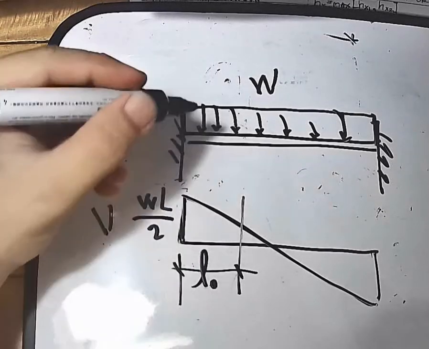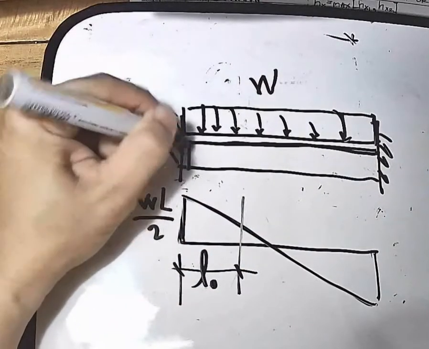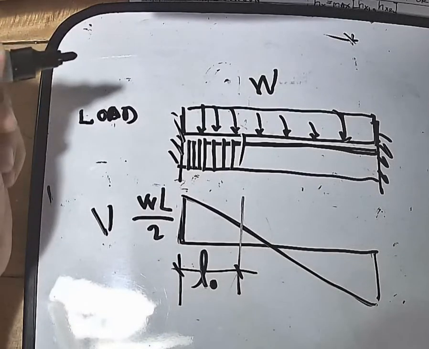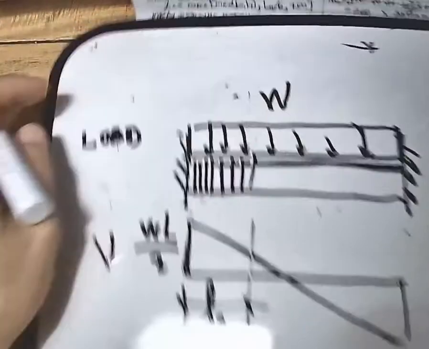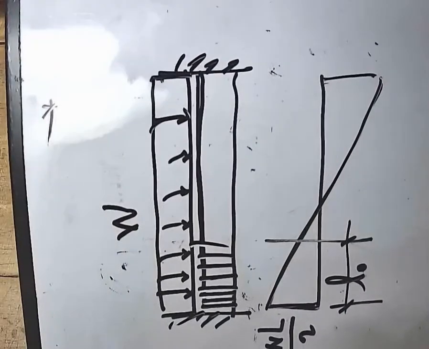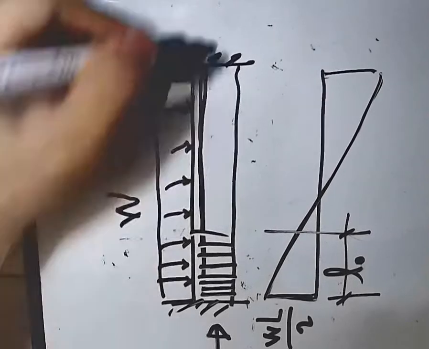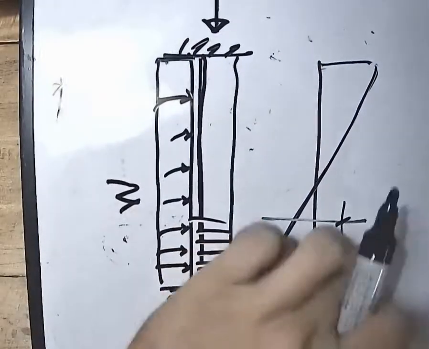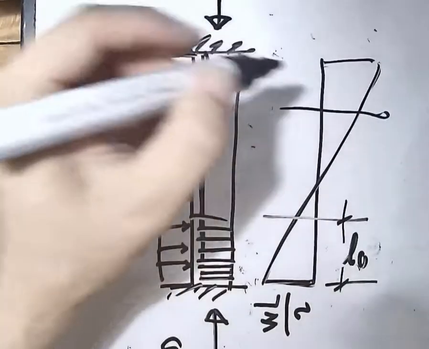Ibig sabihin, kung ito yung beam mo, dyan pinakamasinsin yung mga stirrups mo. Now, the same principle applies if this is a column. Okay? So, pag column naman, meron kang compressive forces. Yan yung L sub O. Ganon din dito sa taas.